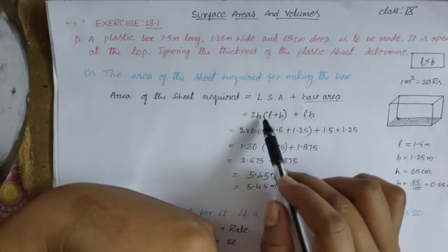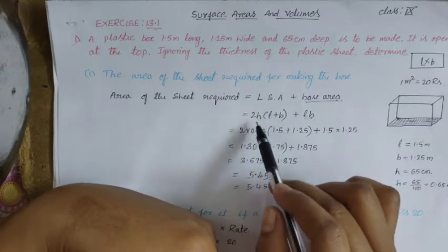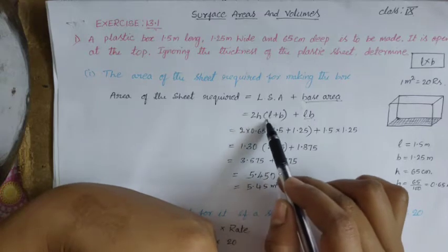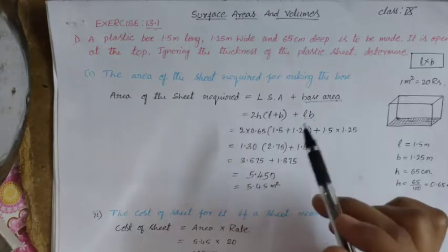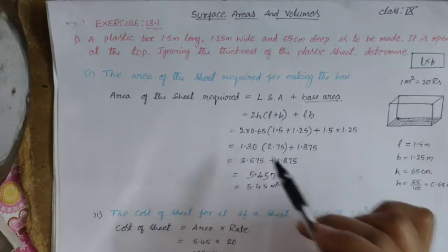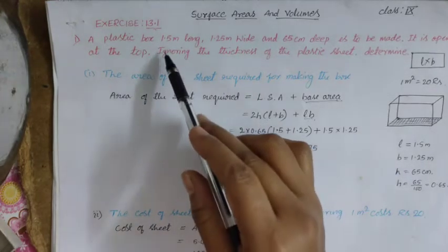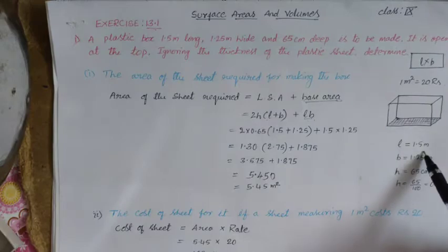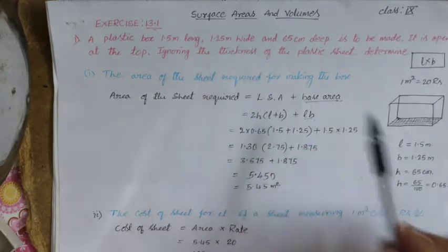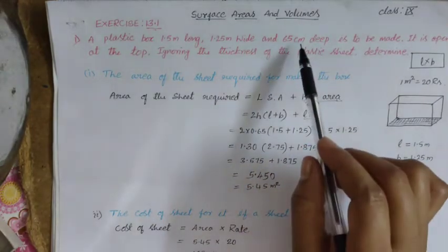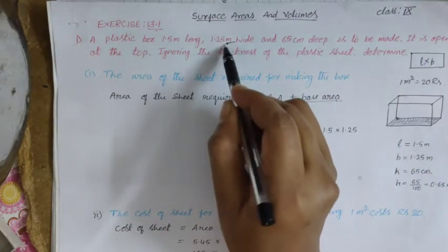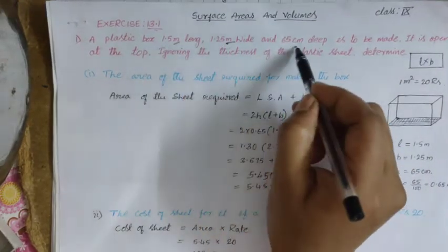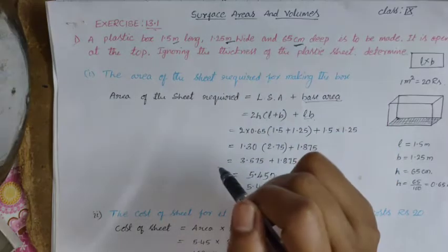And the lateral surface area of the cuboid, the formula is 2h into L plus B. Now you can take the values. What is L here? L is 1.5 meter. What is breadth? 1.25 meter. What is height? Look at this one. Here the measurement is in meter, here it is in centimeter.